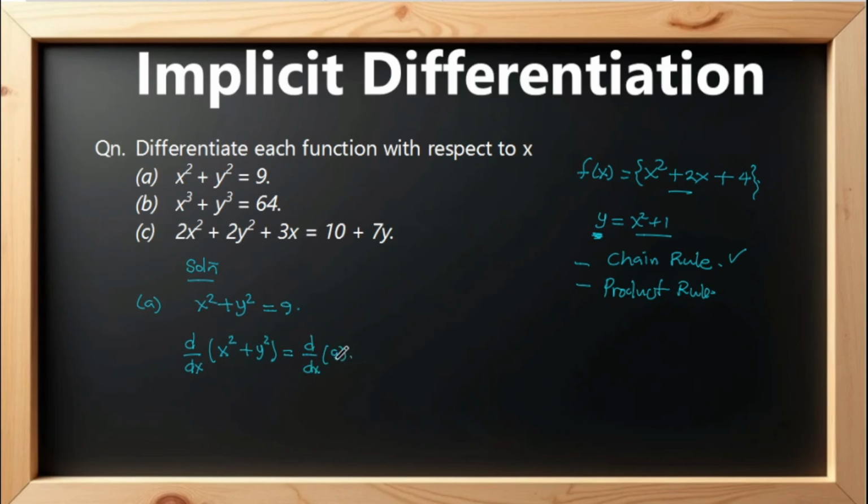Here the derivative of a constant of course goes to 0. Now let's distribute this derivative to these two terms on the left hand side. So we have dx of the first term, x squared, then plus dx of y squared equals, so the derivative of 9 is 0.